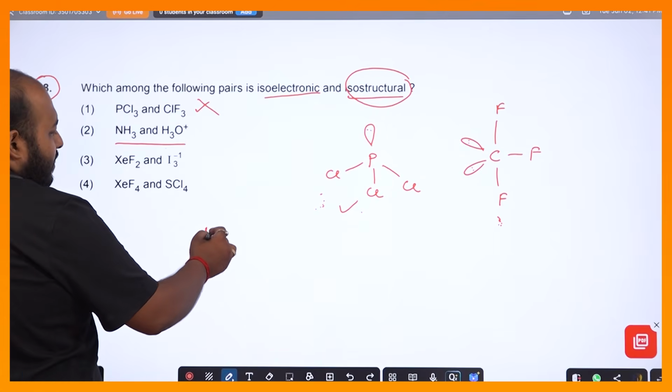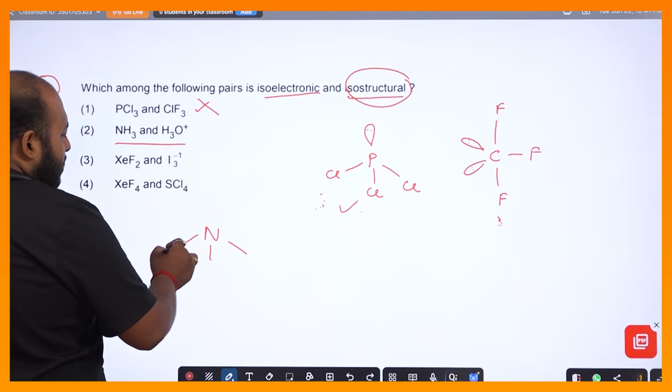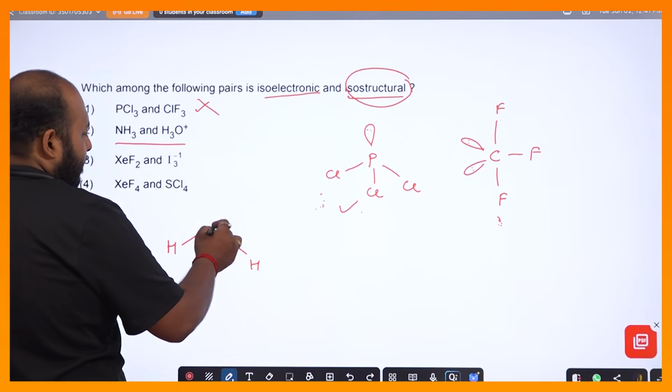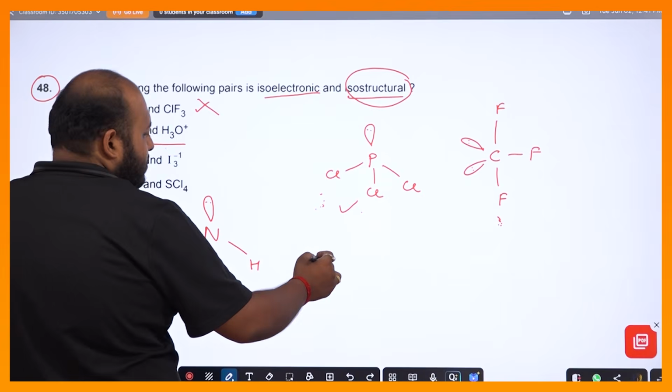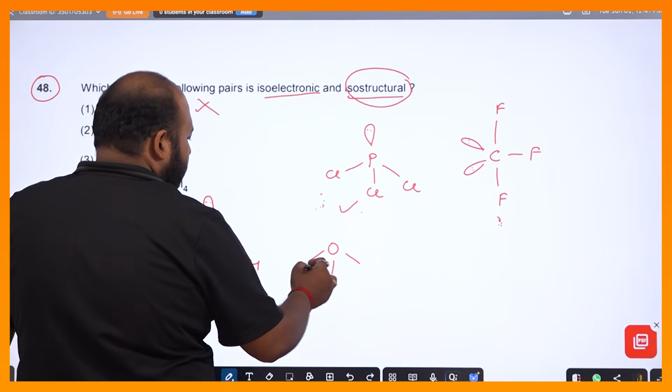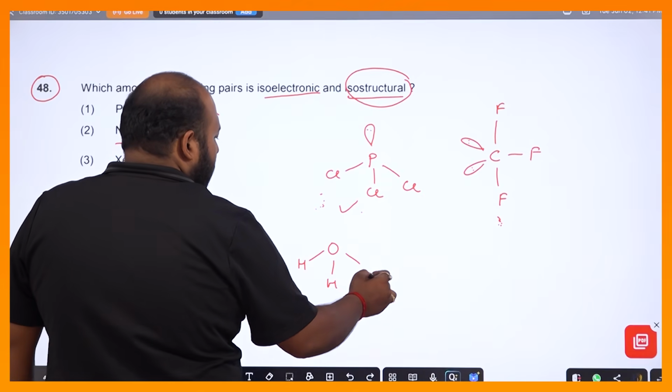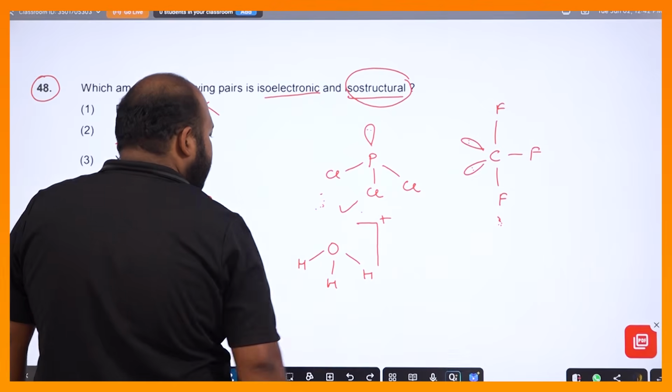So in this case, if I check it out, NH3 will be this, and H3O+ will be like this.